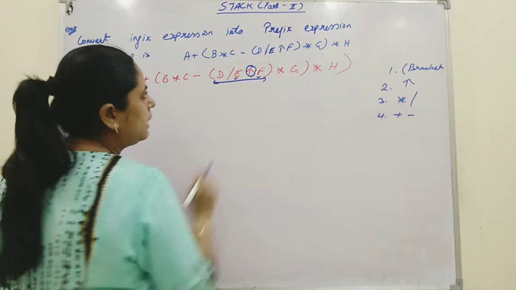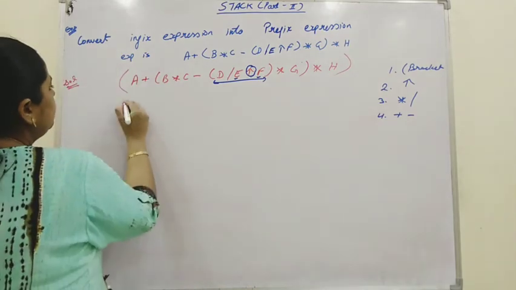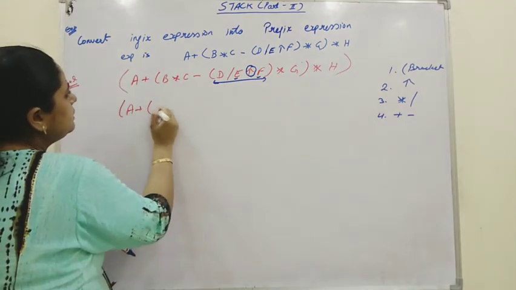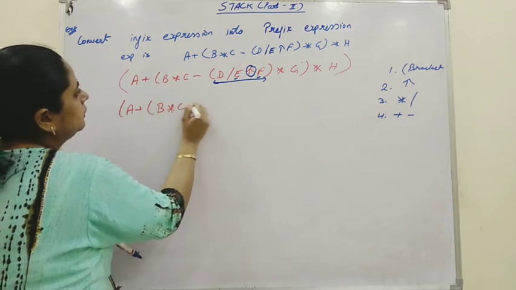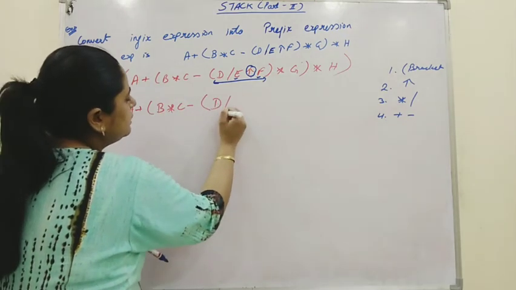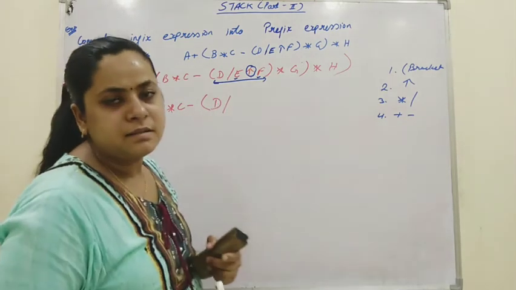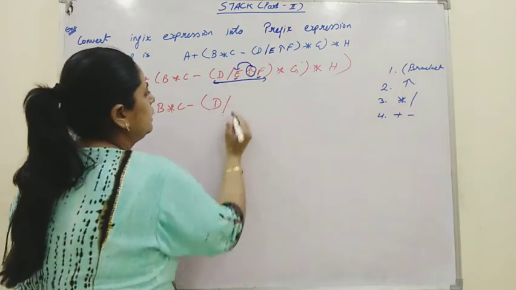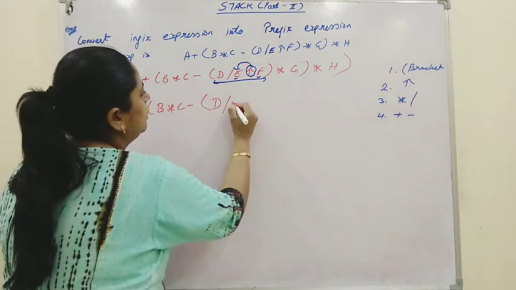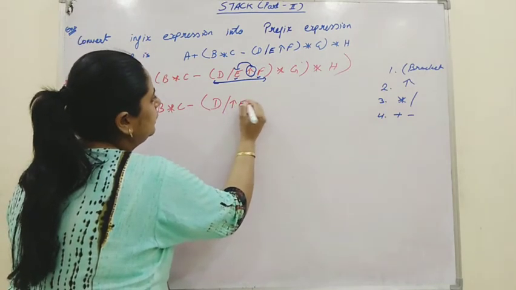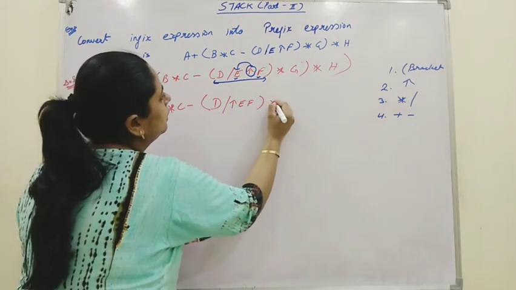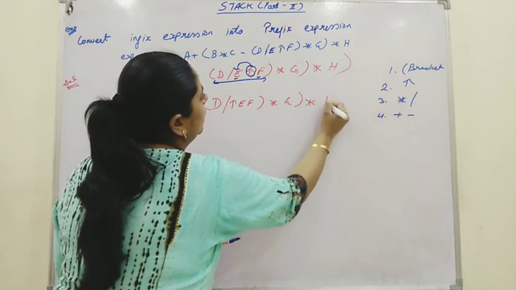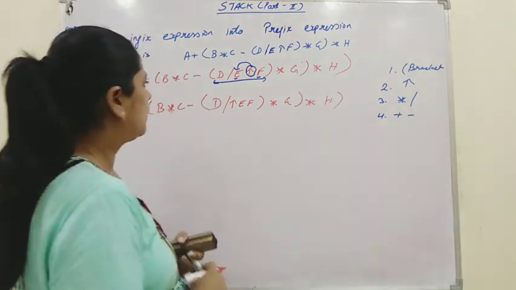E and F. So, rest of the expression we will write as it is: D slash. Prefix means placing the operator before the operand, so this will come here. So, exponent E and F. Asterisk G, asterisk H.